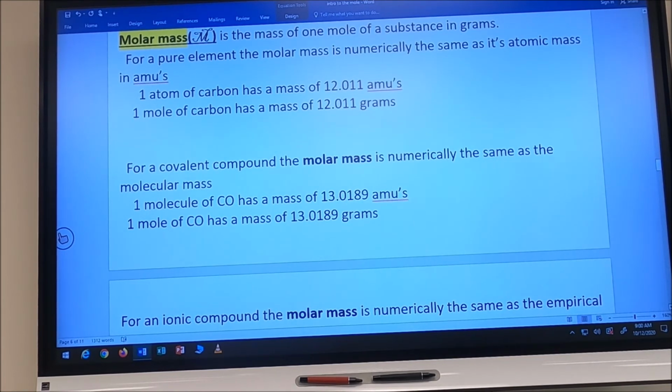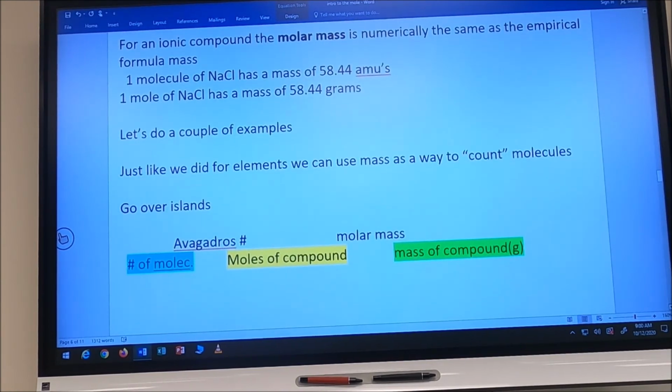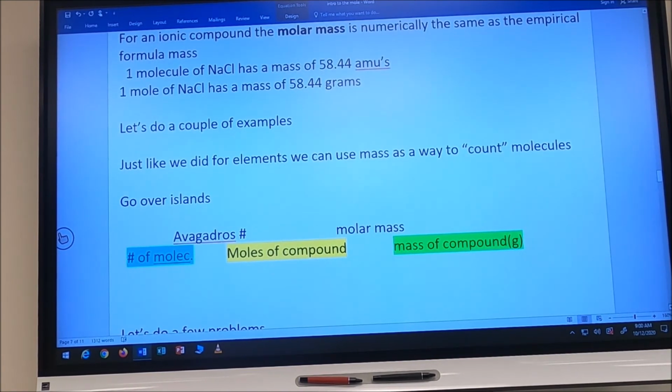For an ionic compound, the molar mass is numerically the same as the empirical formula mass. So 1 formula unit of sodium chloride has a mass of 58.44 AMUs. 1 mole of sodium chloride would have a mass of 58.44 grams. Okay?